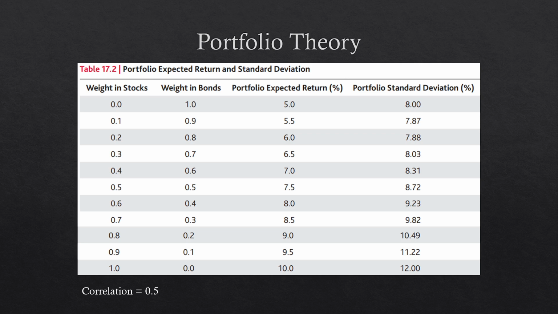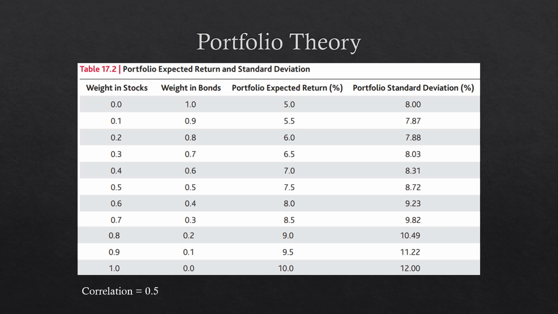But as you can see, a portfolio that is fully in bonds has a standard deviation of 8%, whereas a portfolio with 90% bonds and 10% stocks has a lower standard deviation, 7.87. So that is a bit contradictory.